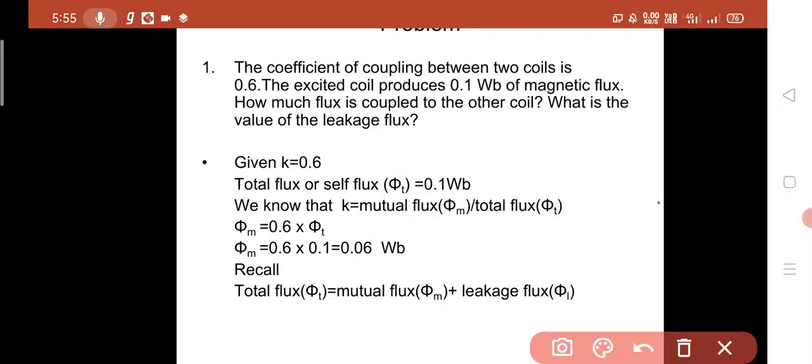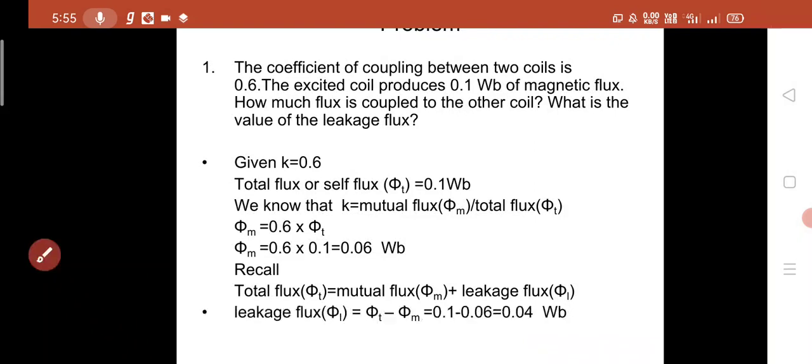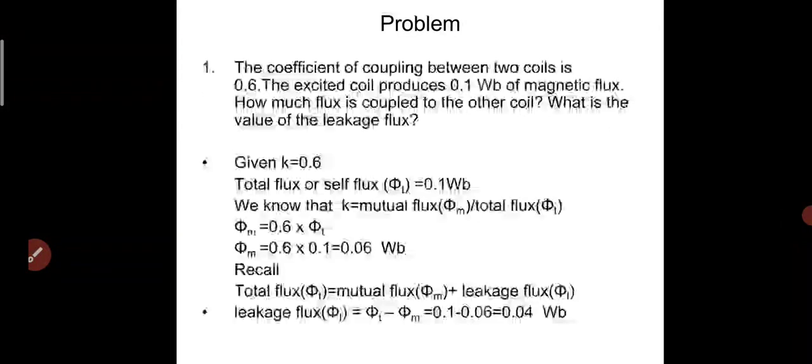Okay, so problems. First problem, write down.